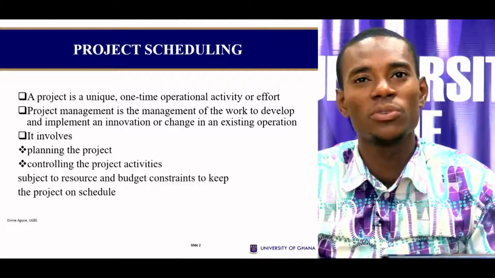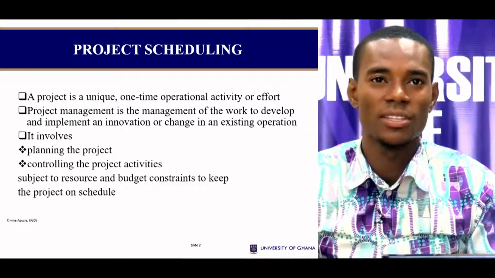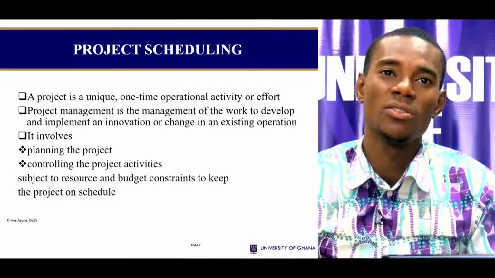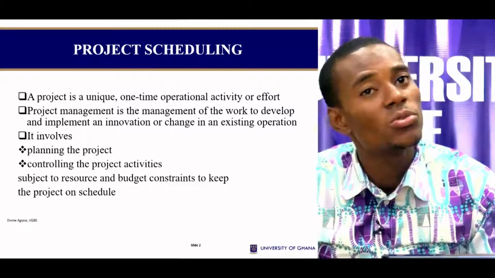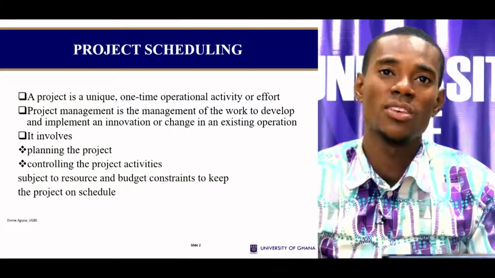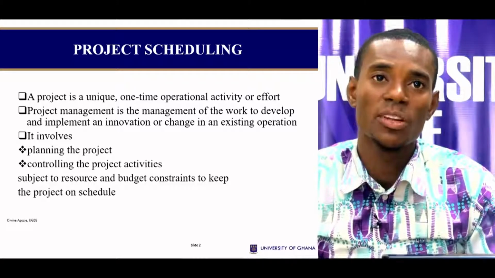And so for every project, there is always a certain constraint, and it's either resource or budget. Our resources could be human resource, time resource, material resource, anything you can think of. And the budget refers to the financial constraints that we put on any project.